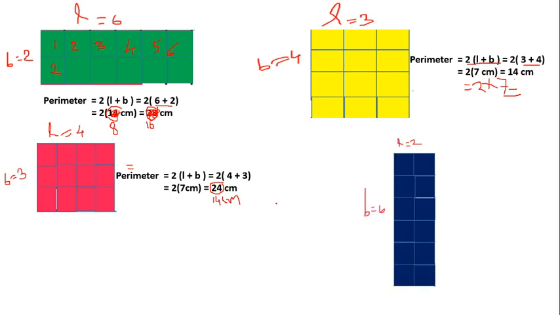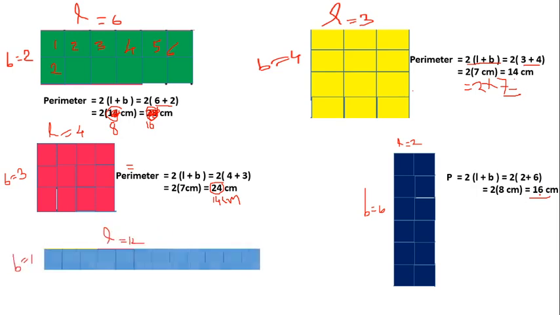The next one is L is equal to 2, B is equal to 6. 6 plus 2, 8. 8 into 2, 16 centimeter. And the last one is L is equal to 12, B is equal to 1. So 12 plus 1, 13. 13 twos are 26. This way we can learn the perimeter of the different figures by using this formula.